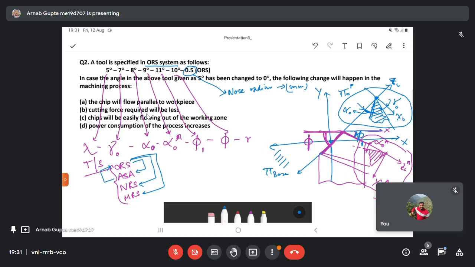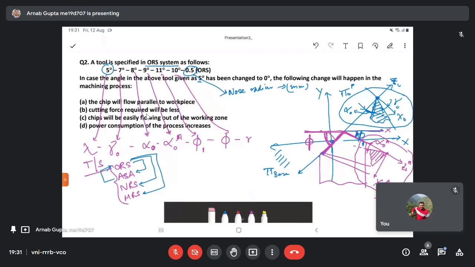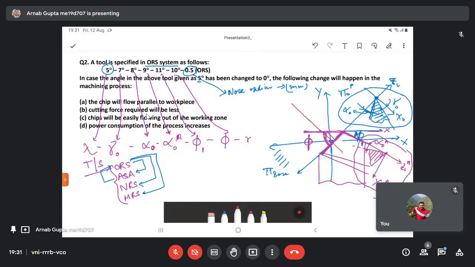Now, getting back to the question, the angle in the above tool is given as 5 degrees, so 5 degrees is basically the inclination angle. What is inclination angle? If we draw a perpendicular to the projection of the principal cutting edge, this is perpendicular to this axis here.